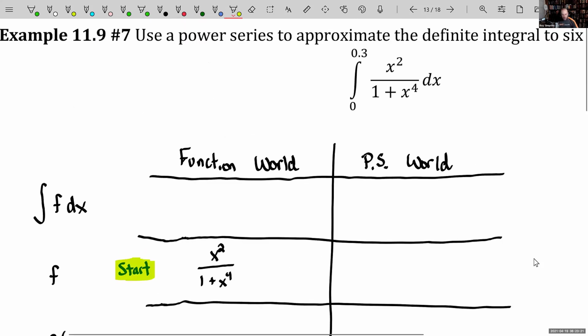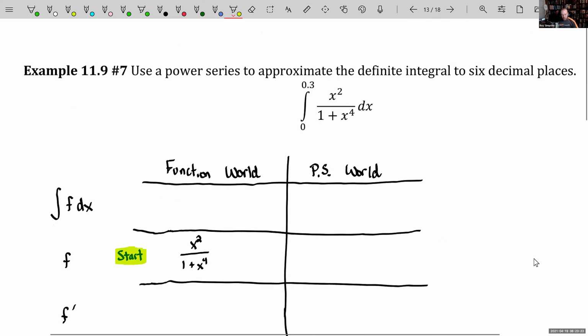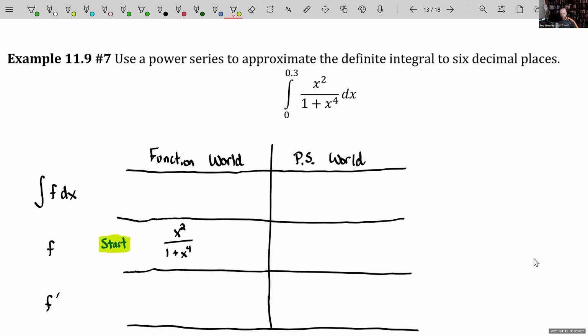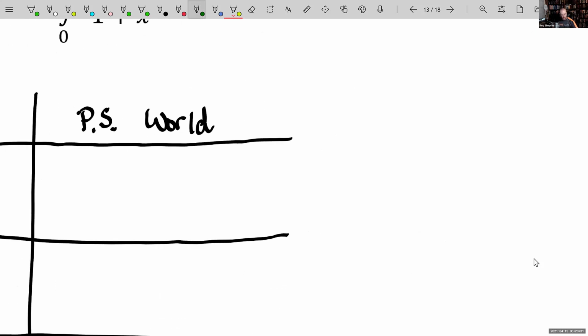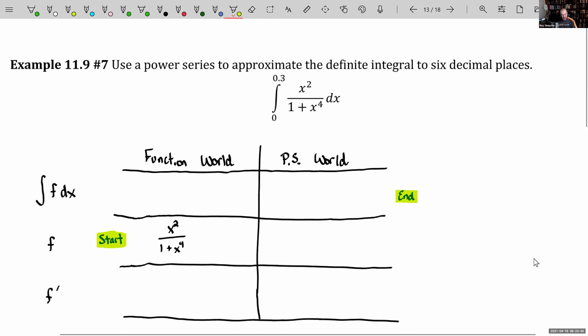All right. And we want a power series to approximate the integral. So in other words, I want the power series of the integral of f. So I want to end in this top right quadrant. I'm going to end right there with the power series of the integral of f.